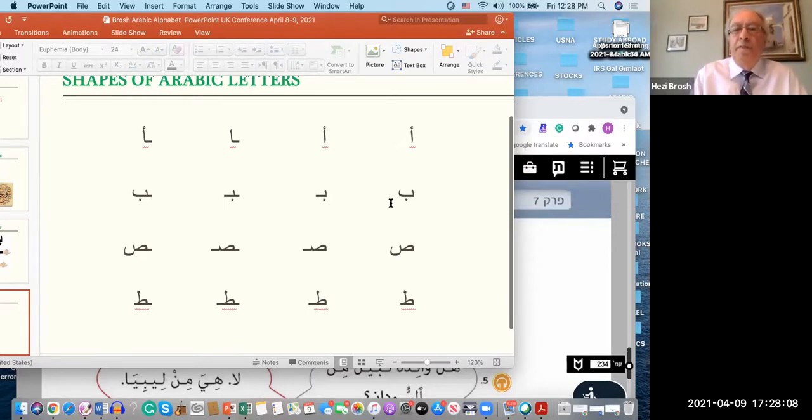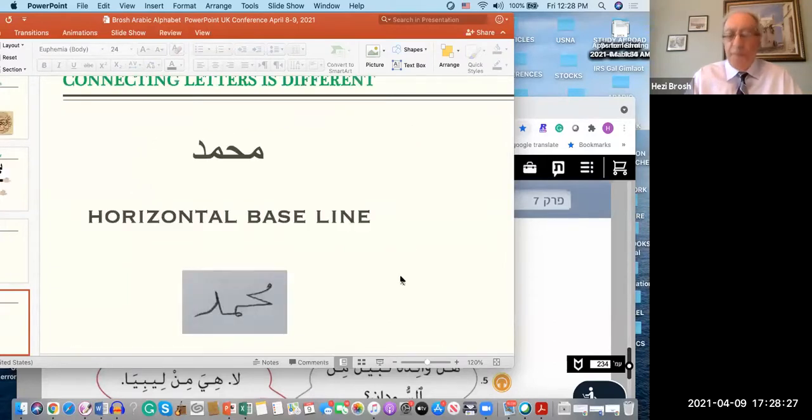We have alif, another alif, this alif, this alif, this ba, this ba, and this ba, and this ba, sad, ta. All the letters appear in a table with 4 forms. Just for you to understand the difference between print and script.